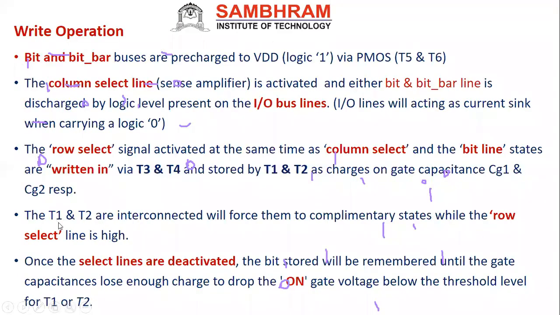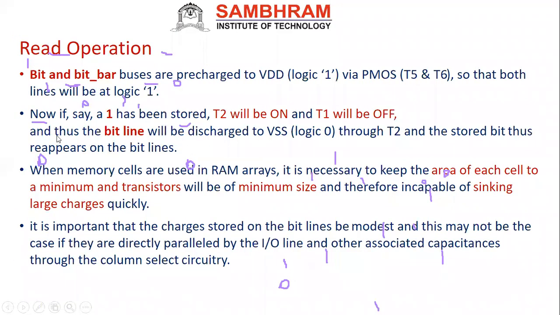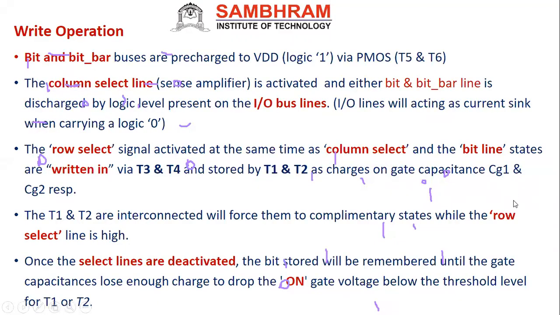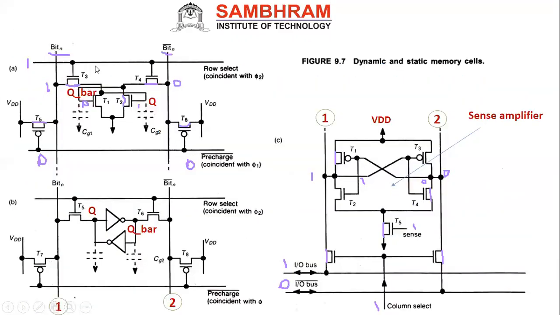Now, the T1 and T2 transistors are interconnected, and will force them to the complementary state while the row select line is high.